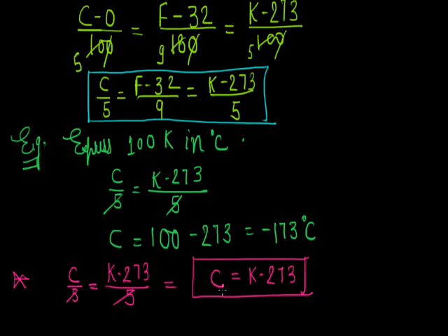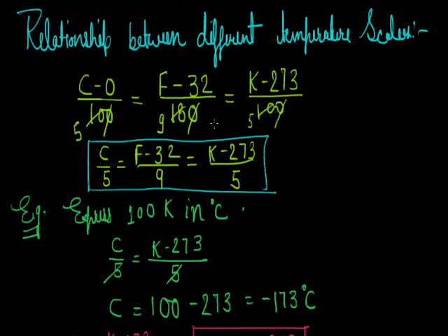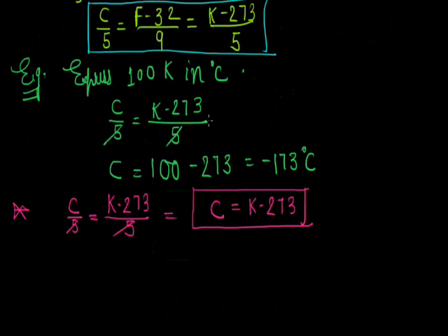So for converting C into Kelvin or vice versa, we can use this equation. This was the important formula for converting any temperature from one scale to another scale.